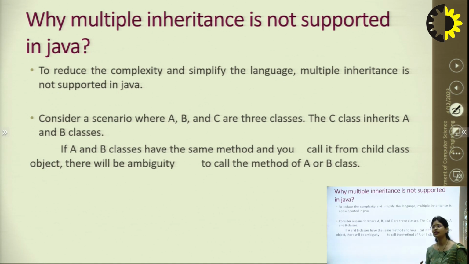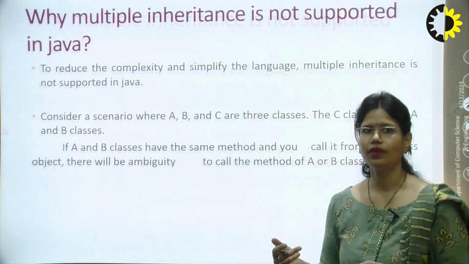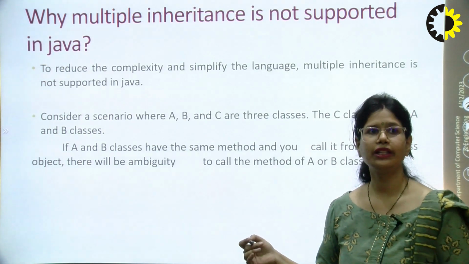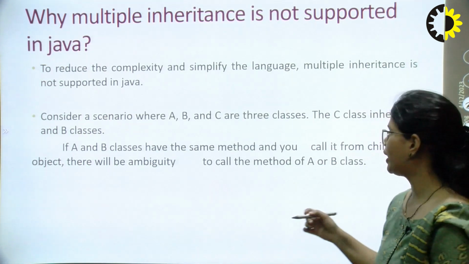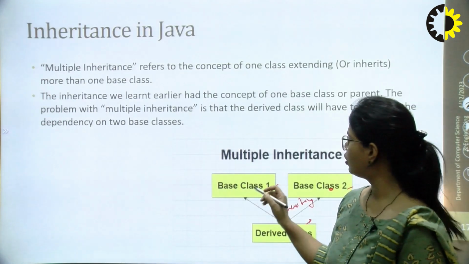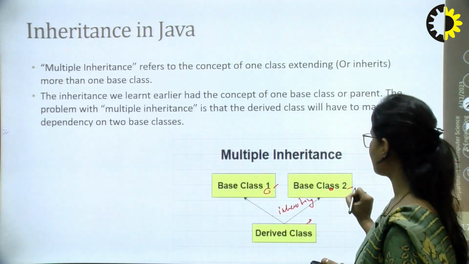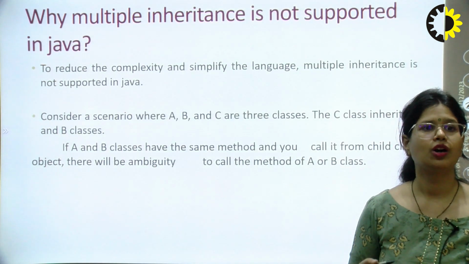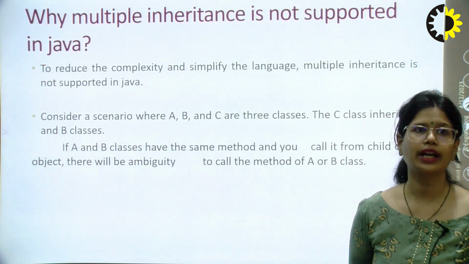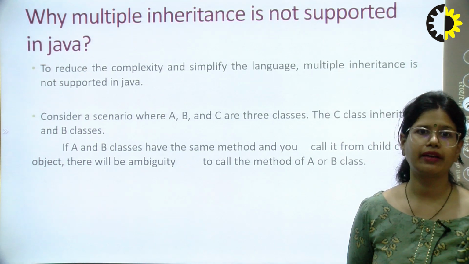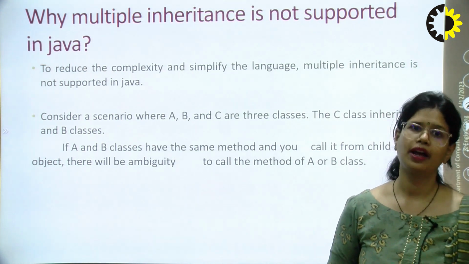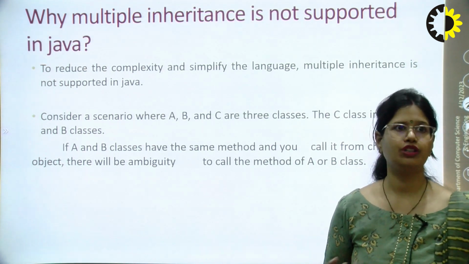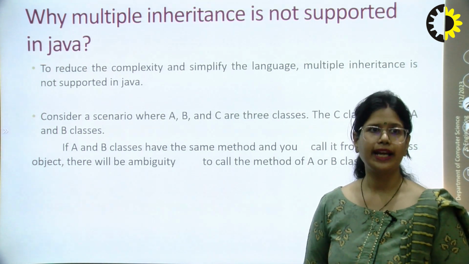There are dependencies on two classes, that is class A and class B, so it is increasing the complexity. So Java is not at all supporting multiple inheritance, whereas we can achieve it by interface, which we will be learning in the next lecture.